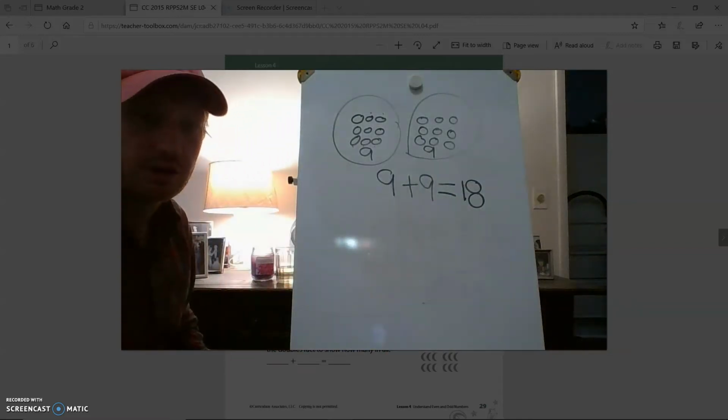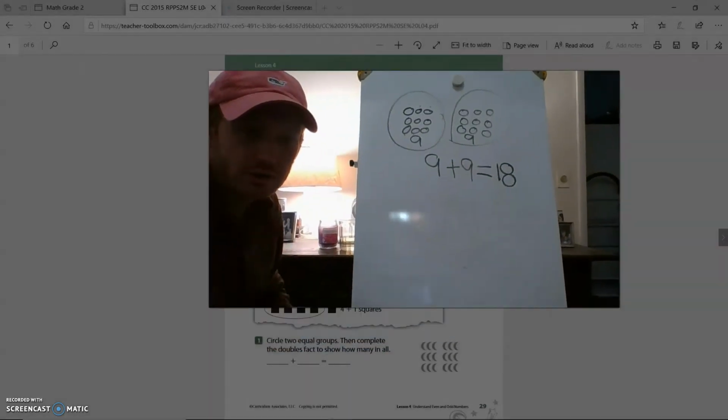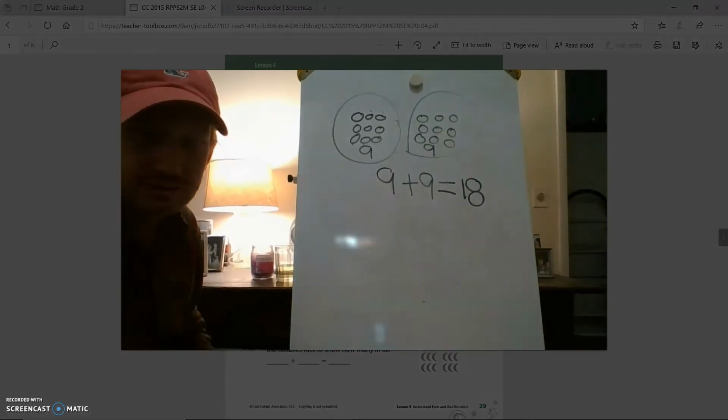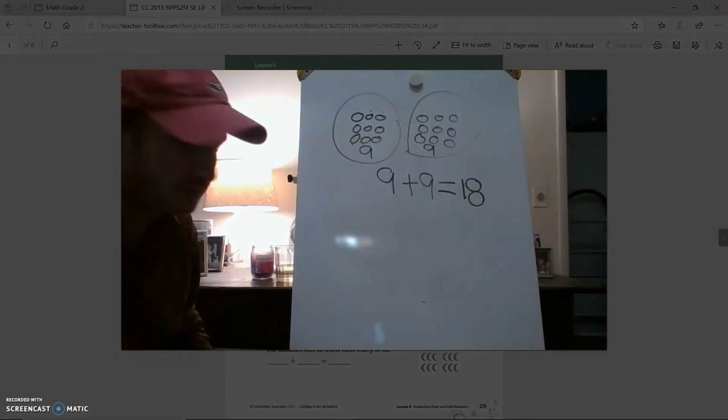All right, so if you look at our question for number 1, it would have been 9, that's one group, plus 9, that's our second group, and that equals our total, which is 18, because 9 plus 9 is 18.